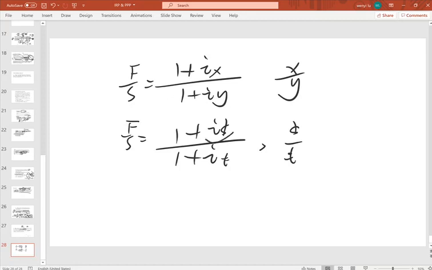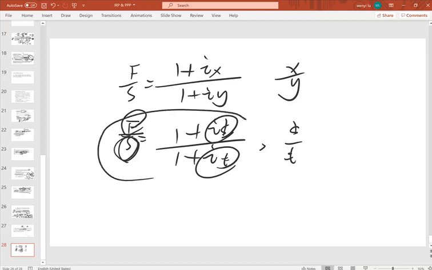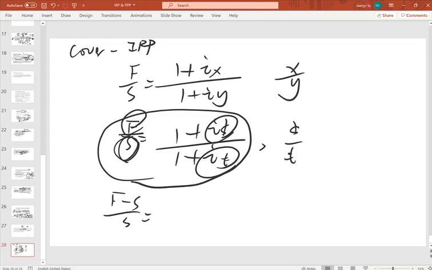So this is the interest rate in the US and this is the interest rate in the European countries. This is our forward rate between the dollar and the euro, and the spot rate from the dollar to euro. So we also know this covered interest rate parity can also be written in this way.